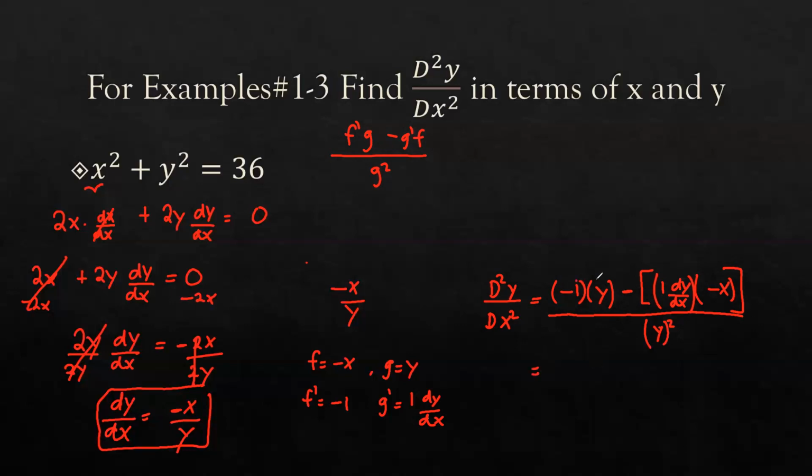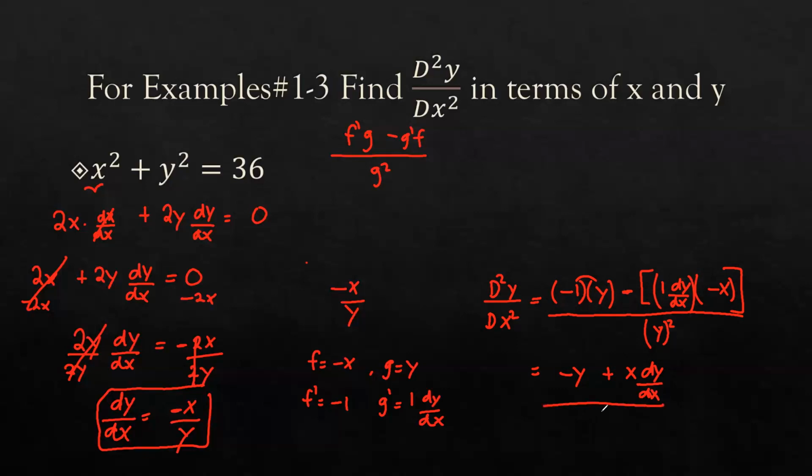So this is going to be -y, and then minus this becomes a positive. What is 1 times dy/dx times -x? It's -x dy/dx, and then you have an extra minus, so that's positive.